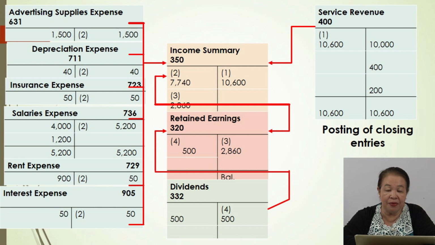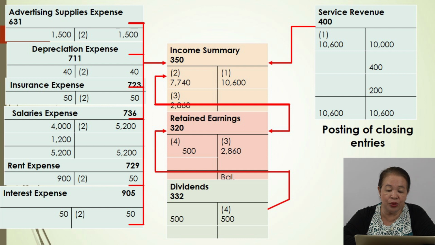Kaya yung naging total service revenue natin for the year is 10,600. So saan yan pupunta? Pupunta yan sa income summary, no? Kasi mag-close na tayo. So pupunta yung 10,600 sa income summary, credit, and then ang debit natin yung mga expenses. Ang total is 7,740. So, anong balance natin? 2,860. Paano natin nakuha yan? 10,600 minus 7,740 na expenses. So, we have a net income of 2,860.